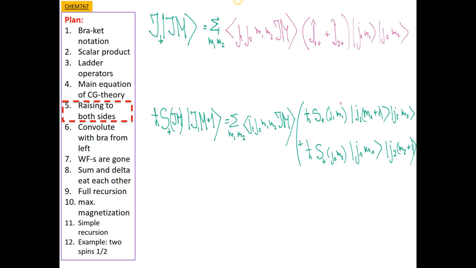So we get S plus of J2 M2, J1 M1 unchanged, and J2, M2 plus 1. We get a change in the indices.